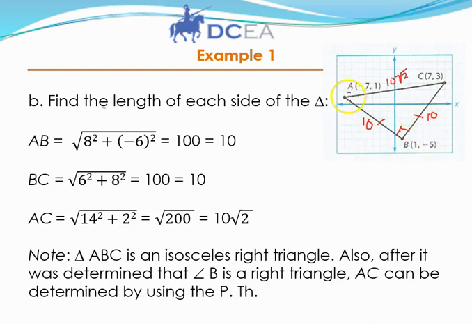And because in the last step we noted that AB was perpendicular to BC, we can now state that that's a right angle, so we have an isosceles right triangle. You can also solve for side AC once you know that this angle B is a right angle by using the Pythagorean theorem.